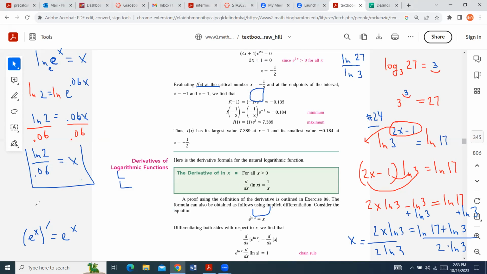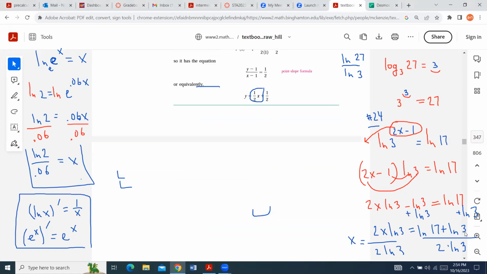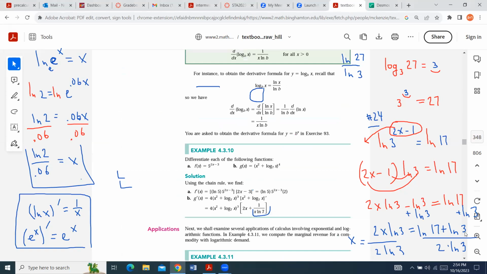There is one more formula here that says derivative of natural logarithm of x is just 1/x. So this is another little formula that they provide us with in this new section. So we're going to do derivatives, and then we're going to see what we can actually utilize these derivatives for.